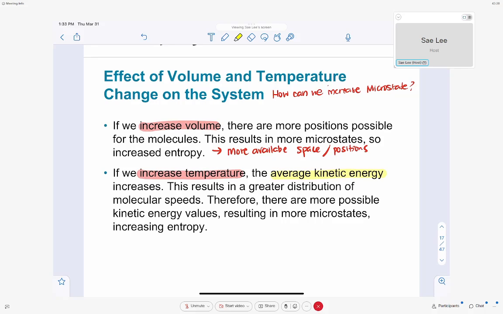Therefore, because of this greater distribution of molecules, you are going to have higher microstate and higher entropy.